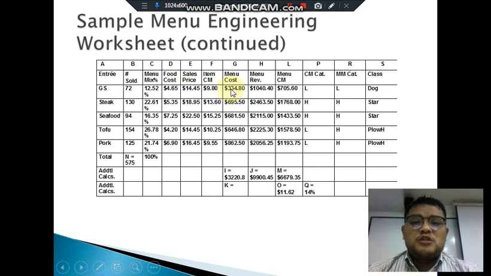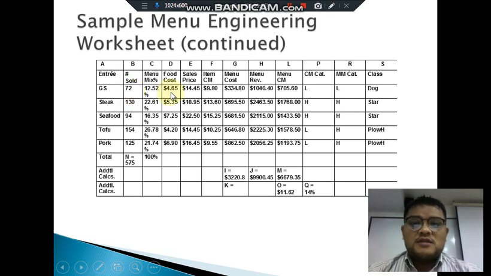However, you want to know the total menu cost. How do you get the total menu cost? This is one portion. How many did you sell? You sold 72.